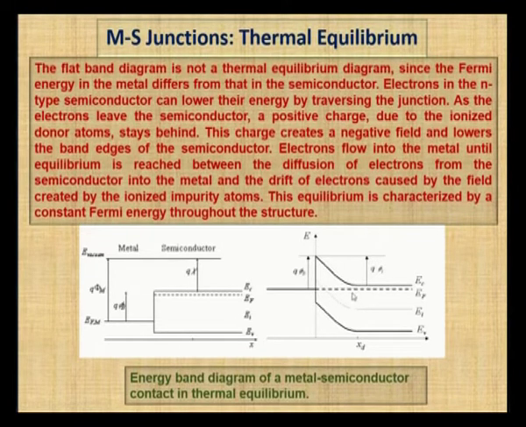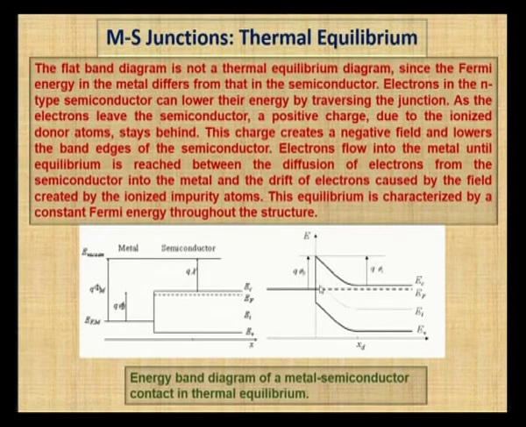Why does this condition occur? Because when the metal and semiconductor are in contact, if you consider the n type, the majority electrons are going to move to the metal, because here it will be of higher potential due to the available free electrons.